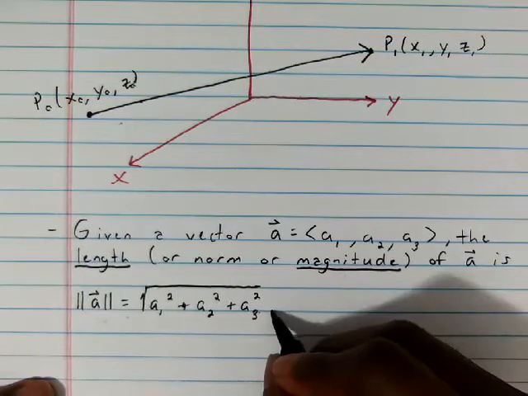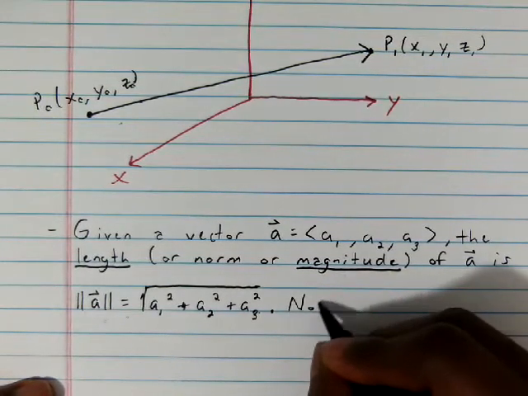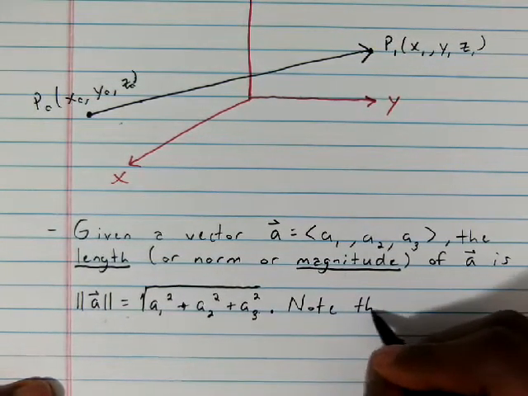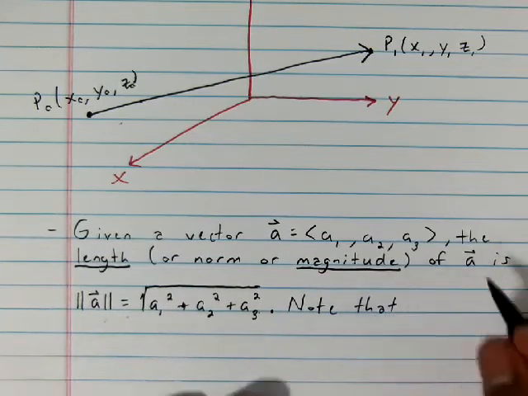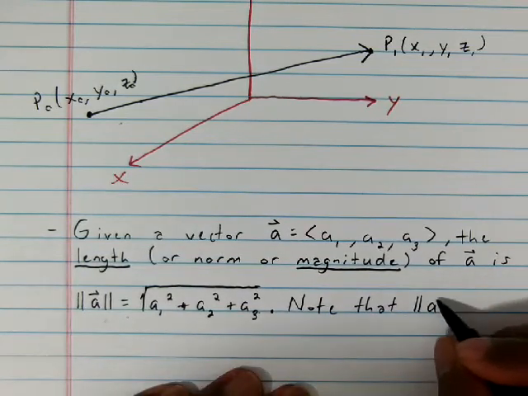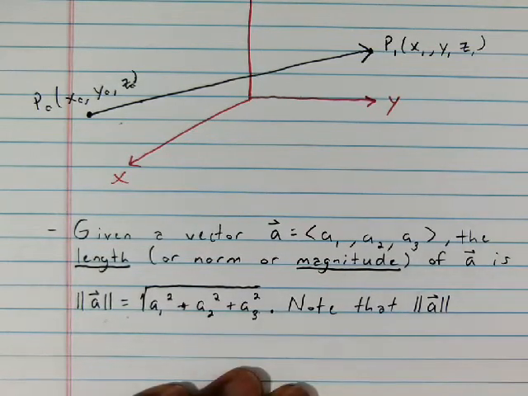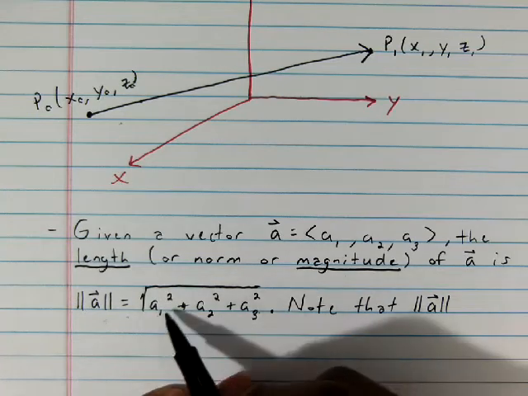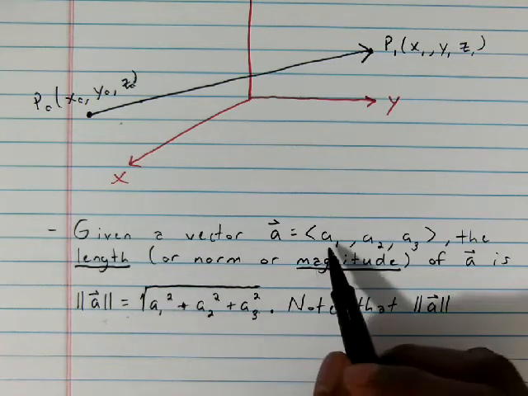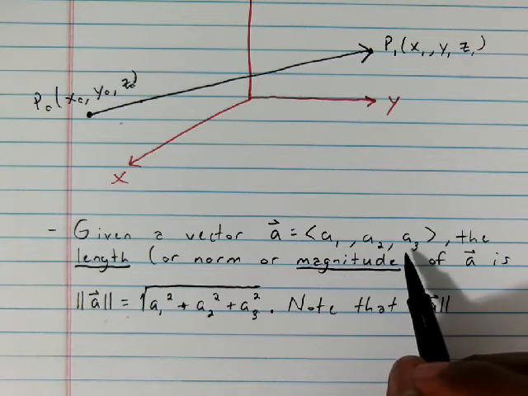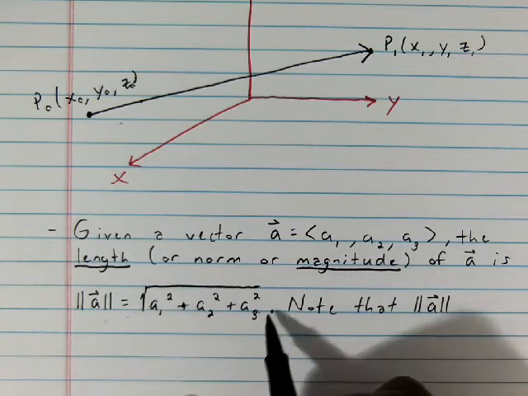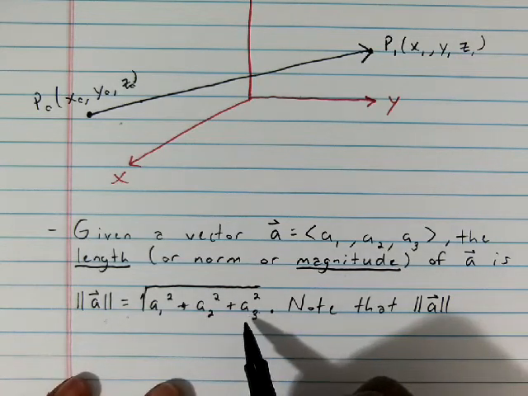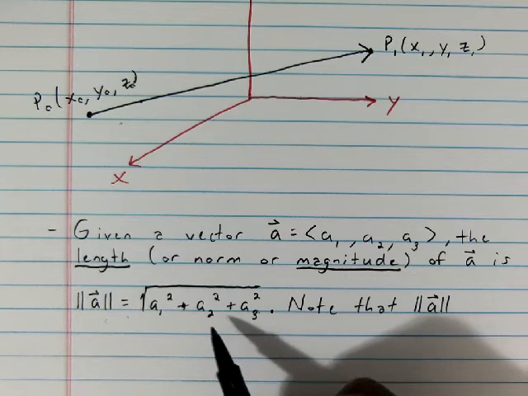Note that the length or magnitude of A is just some number. We take the square root of the sum of the squares of these components, and we just get a number. So this is no longer a vector. Once you take the length of it, you just get a number.